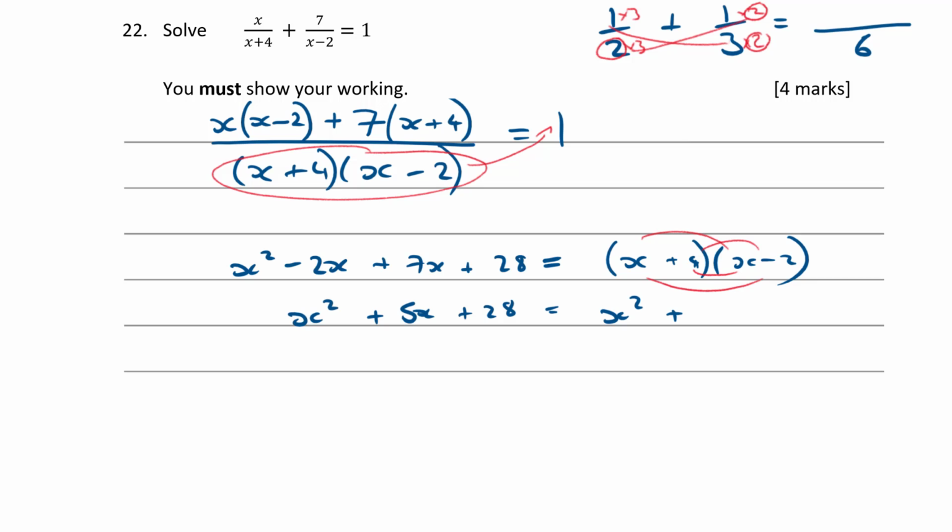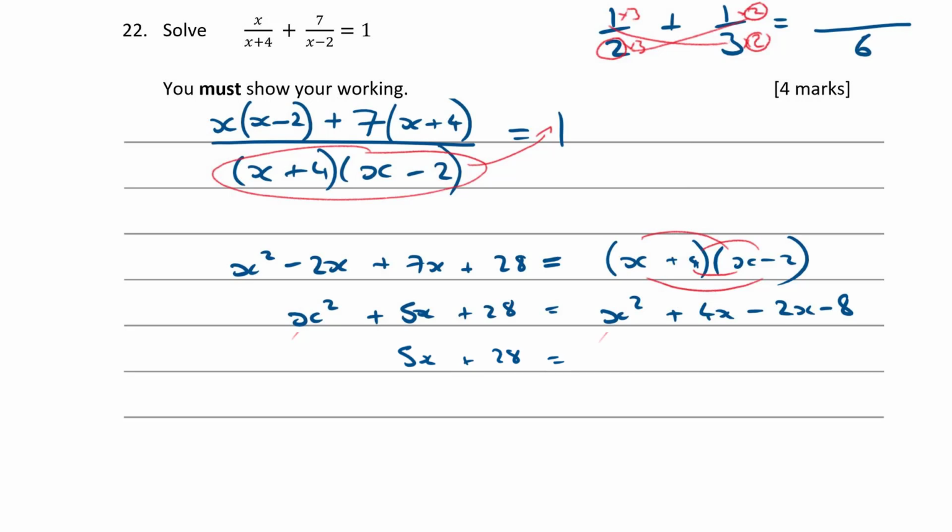Yeah, x squared plus 4x minus 2x minus 8 on the right. So just tidying that up. Got an x squared on both sides, they're going to cancel each other out. What else have I got? So I've got 5x plus 28 left here, and on this side 4x take away 2x is 2x minus 8.